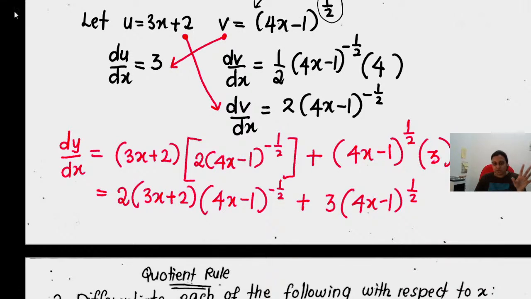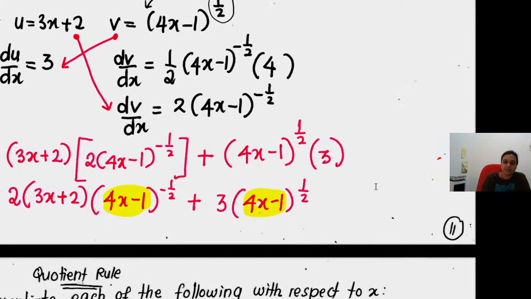So that one nothing to factor out. Here got 3x plus 2, but here don't have. So that one also nothing to factor out. Here got 4x minus 1, here also got 4x minus 1. Yes, so this is something that you must factor out. Now since you already identified, I'm going to move it here a little bit.